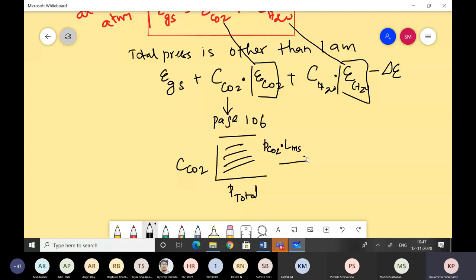The same applies for getting the correction factor for H2O, and this is on page number 108.